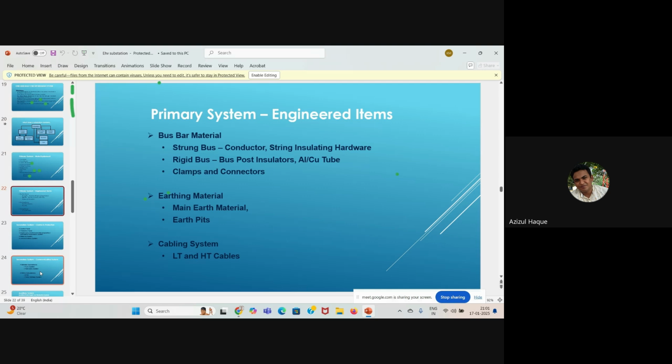For each equipment, we have to design the appropriate connector. That is why it is called an engineered item, because detailed engineering is required to identify the type of connector required. Suppose the breaker is a 400 kV breaker. There are many manufacturers: Siemens makes breakers, GE makes breakers, ABB makes breakers. We can purchase a breaker from any of these vendors, but the problem is each has a different type of terminal pad design.